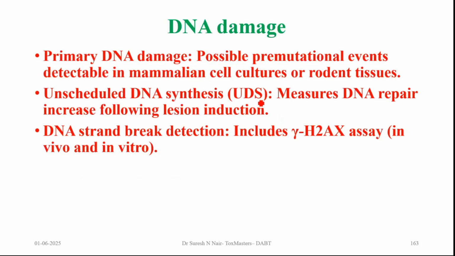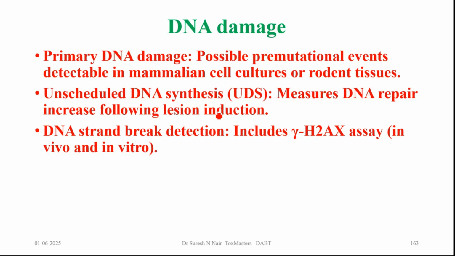Okay. The first one is primary DNA damage. The second one is unscheduled DNA synthesis. Actually, unscheduled DNA synthesis measures the increase in DNA repair followed by an increase in the lesion. That is, after the induction has happened, the tumor is clonally selected.